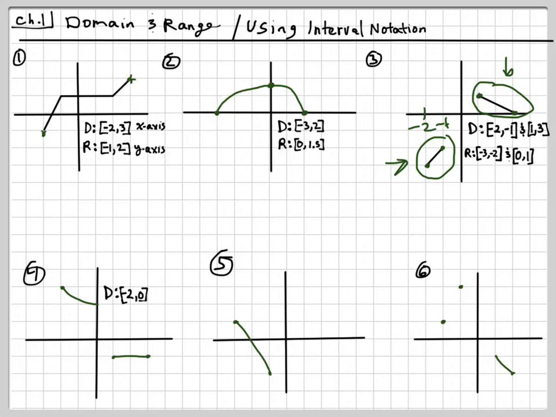Now let's take a look at problem number 4. Once again, here we have 2 segments, or two pieces of curve. So I'm going to have to express the domain as 2 separate intervals. We start with the segment on the left side of the y-axis, because it also has the smallest x value.